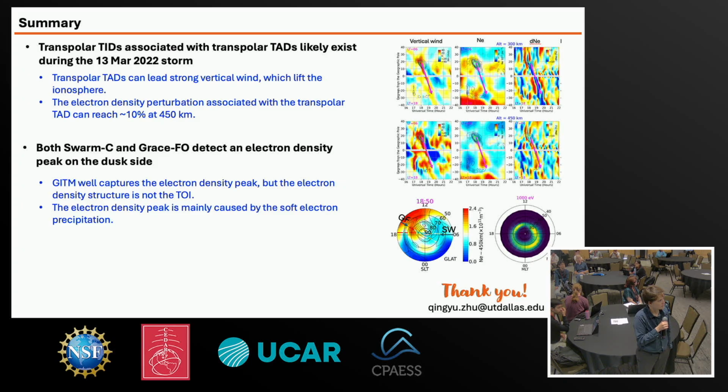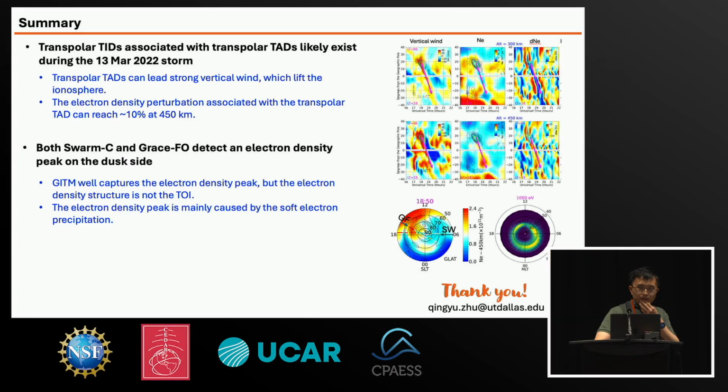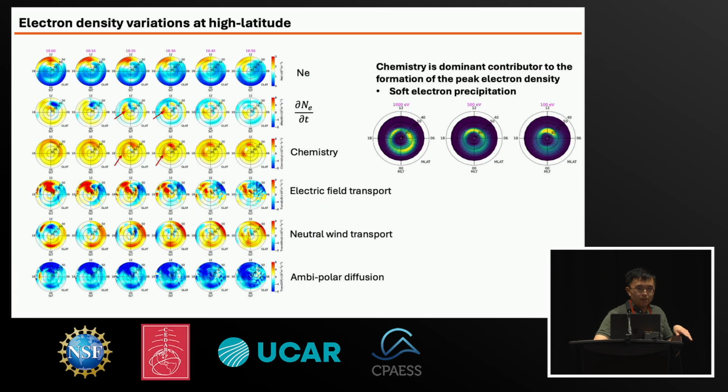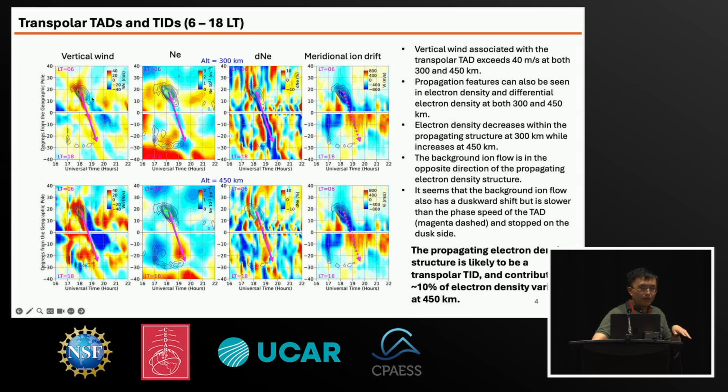Well, in this simulation we didn't just show the propagation of TADs as a function of something. But for this one, yes, this is a large-scale traveling atmospheric disturbance propagating from the dayside and can reach the equator on the other side.